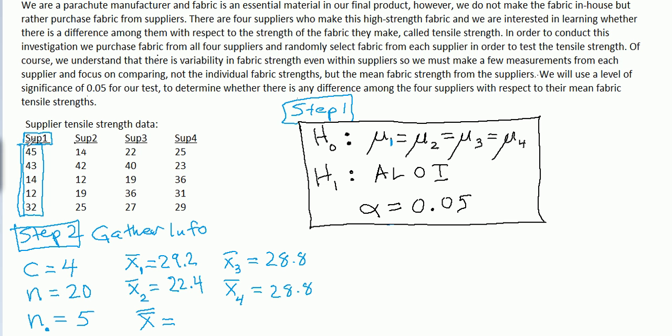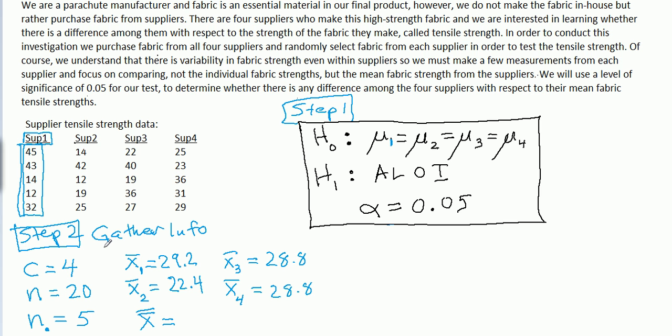So basically, if you were to treat all this data as if it came from one source, what would be the average, the sample mean? Basically I'm going to add up all these numbers and divide by 20 because there's 20 numbers.